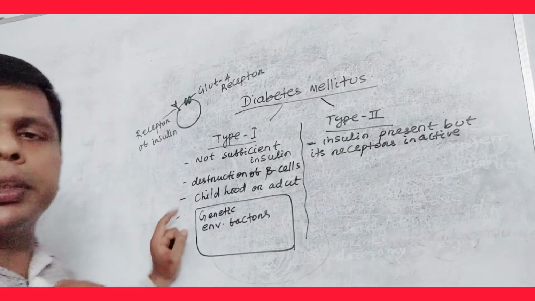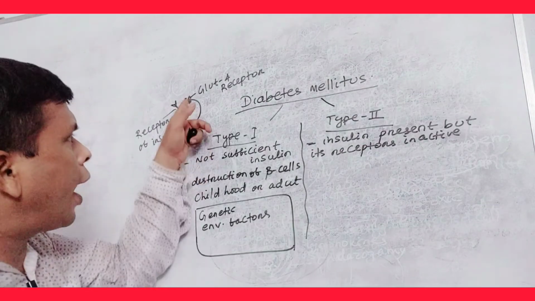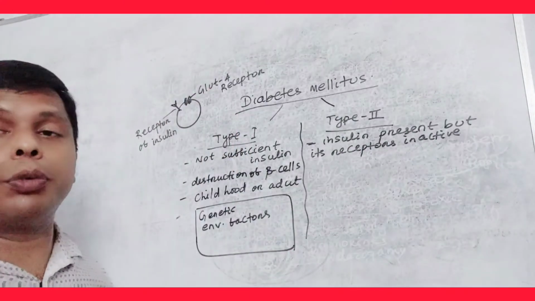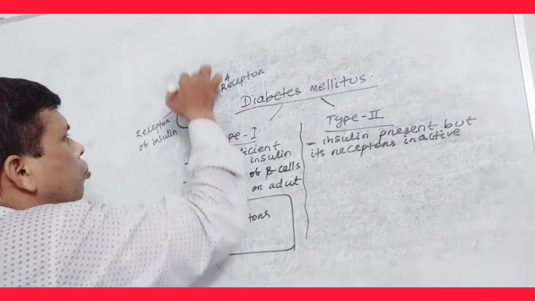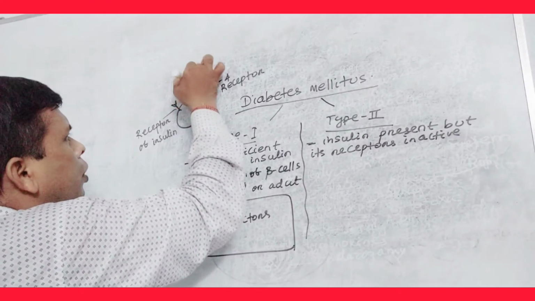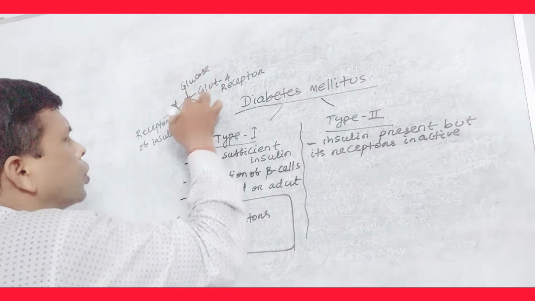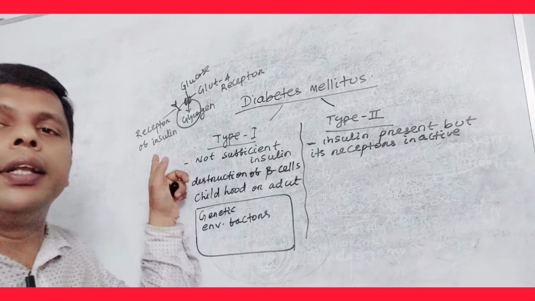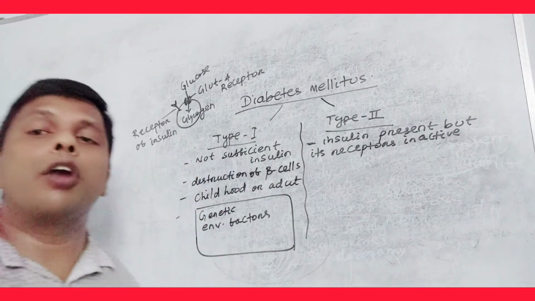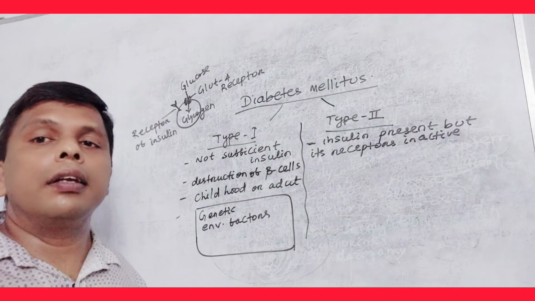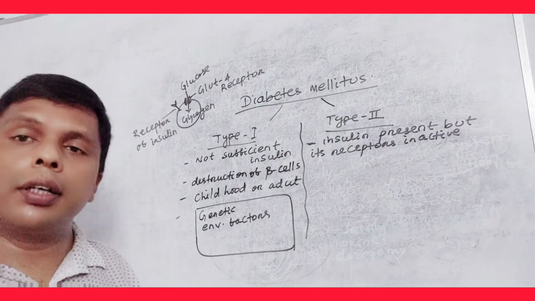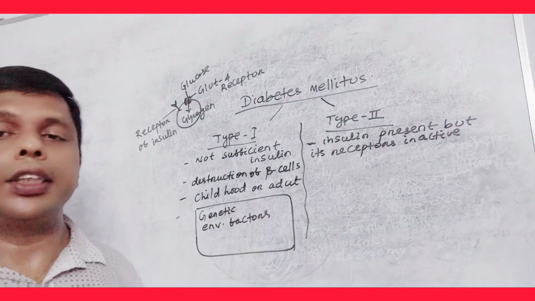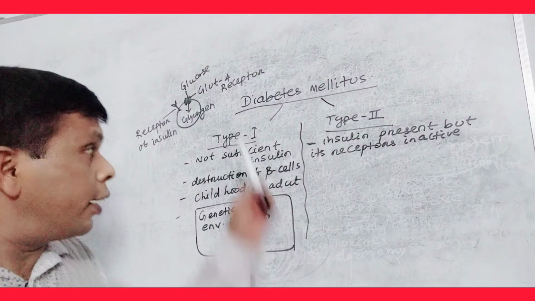When insulin is absent, the receptor cannot activate this GLUT4 receptor. The function of the GLUT4 receptor is to transport the glucose and convert it into glycogen. When this receptor is not filled by insulin, then the GLUT4 is not active, so the blood glucose level becomes high, causing diabetes mellitus. So this is the basic cause of type 1 diabetes.